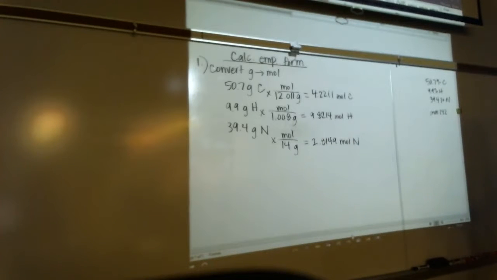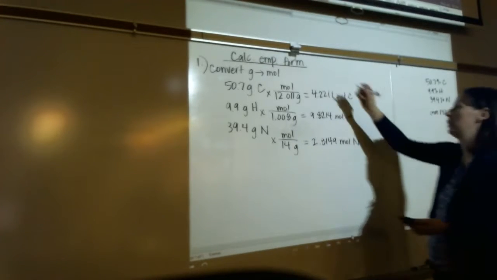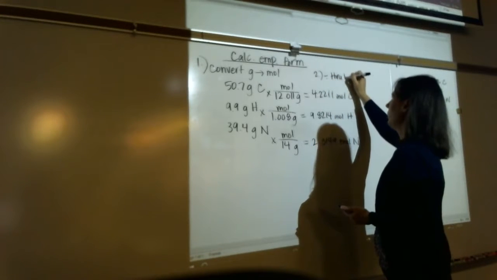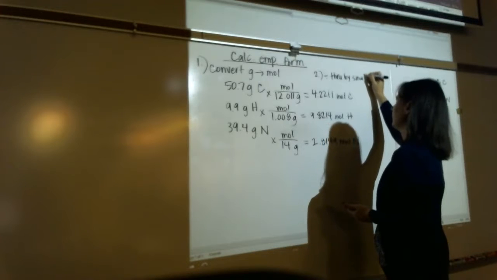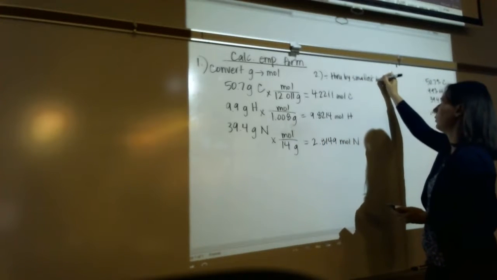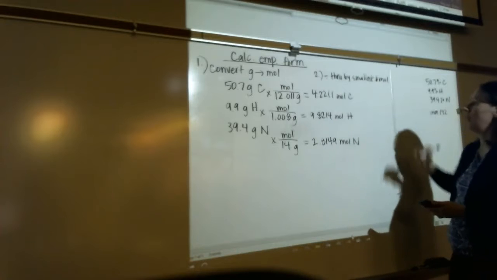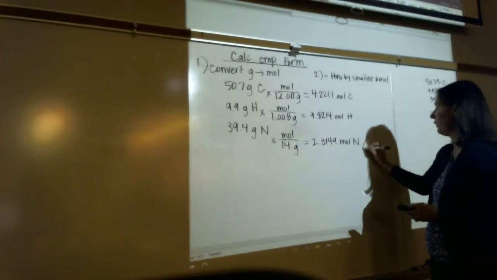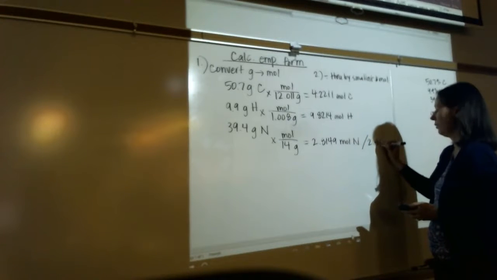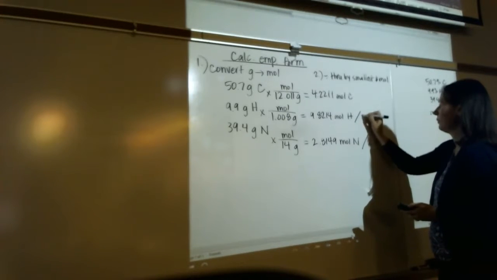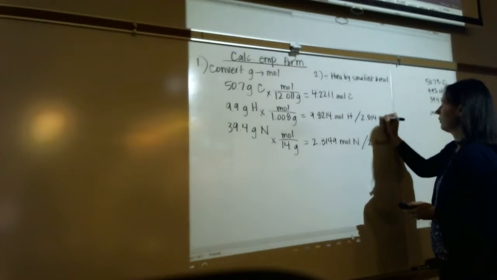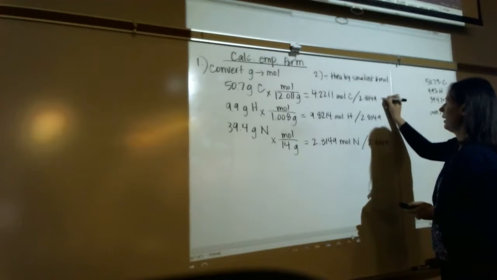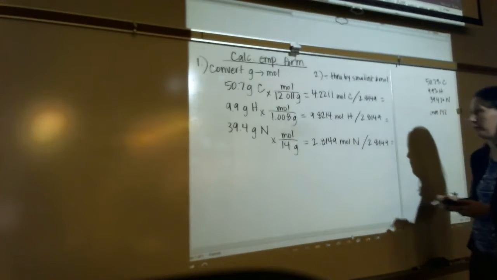So that's step one. Step two, we're going to divide through by the smallest number of moles. All right, so I look at my three numbers here. 2.8149 is my smallest, so I'm going to divide everybody by that number. And that will give me my mole ratios, which are my empirical formula.